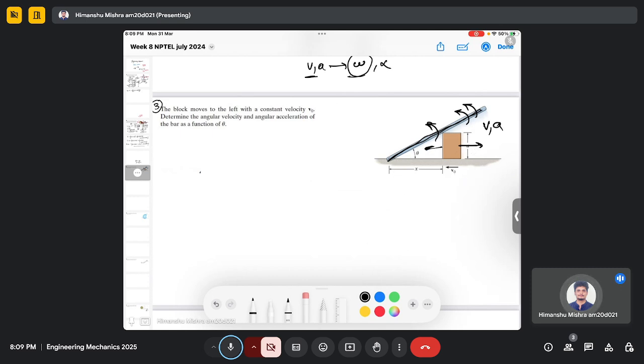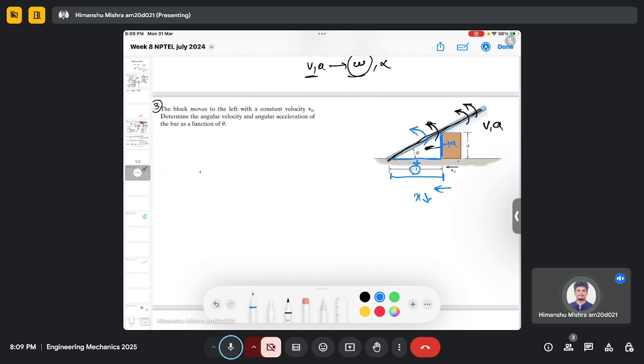So just like before, you can see that this is a, and this is x. As the block moves to the left, this x is decreasing, and when x is decreasing, the bar rotates in the counterclockwise direction.